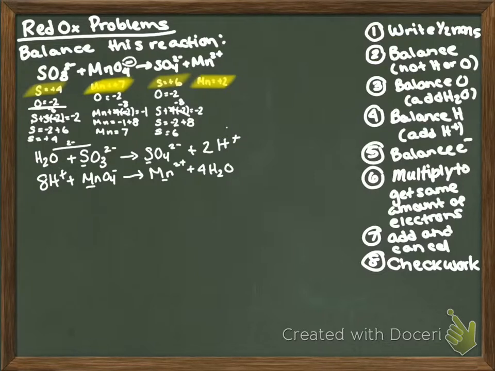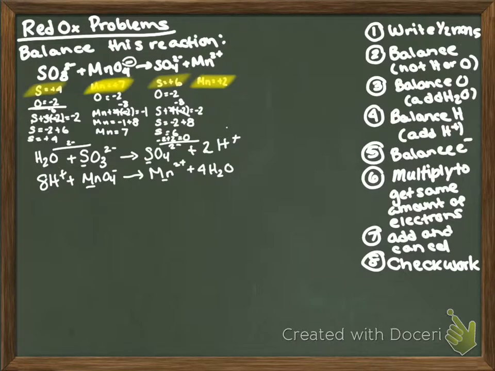On the other side, we actually see 2 things that have a charge. We see a -2 from our SO4, and we also see the hydrogen ion over here that has a +1 charge, except there are 2 of them, so that's actually +2. And if we have -2 and +2, that gives us a total charge on that side of the reaction of 0.